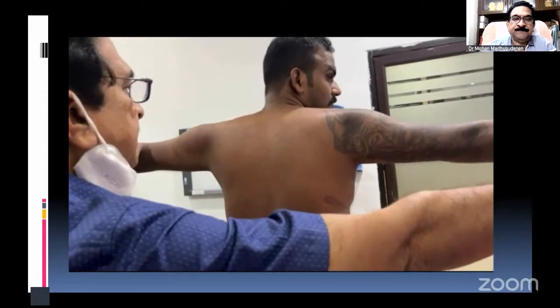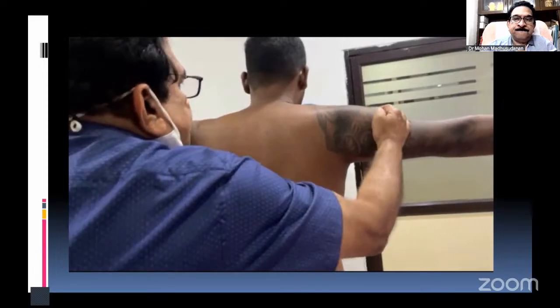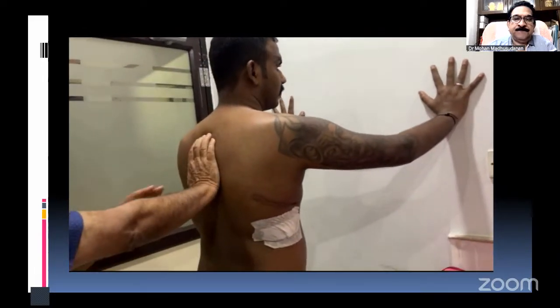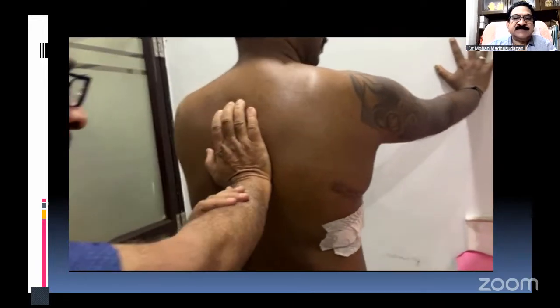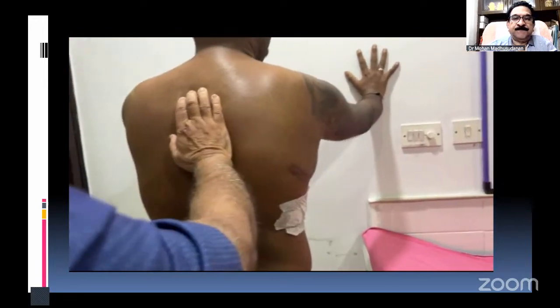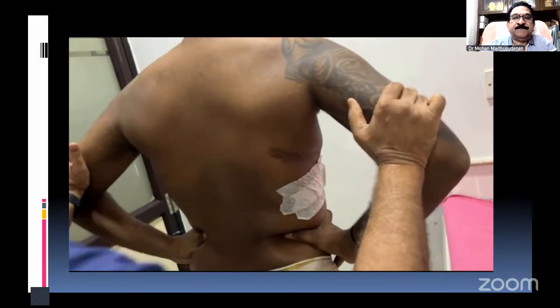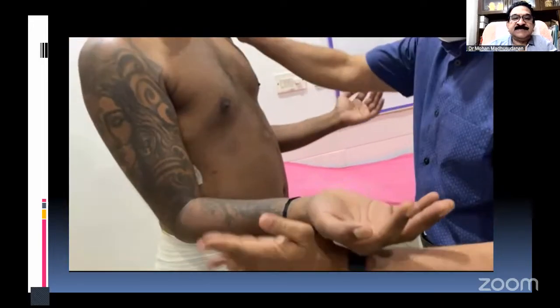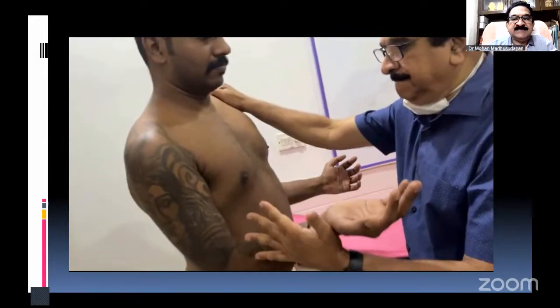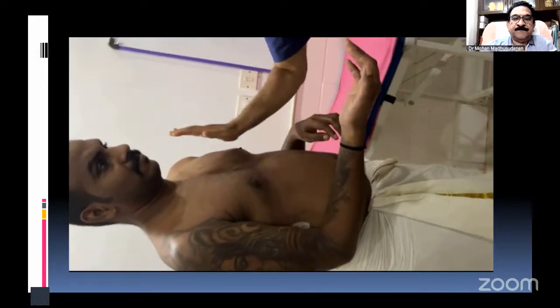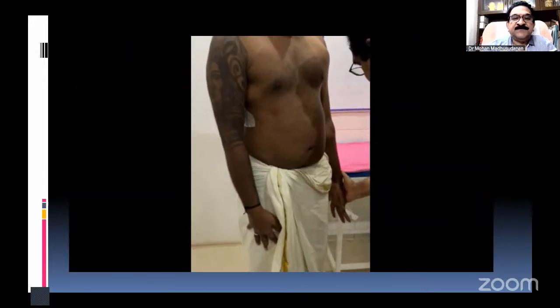I'll show that. Serratus anterior, scapular muscles normal. Rhomboid is normal. See, the external rotation is markedly weak on the right side. Then supraspinatus is also weak on the right side.